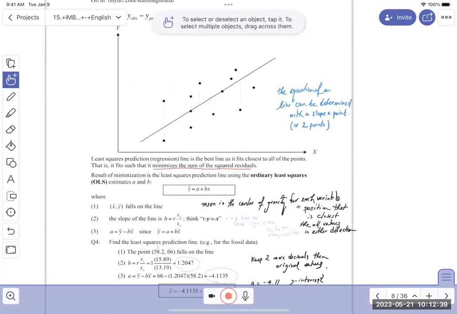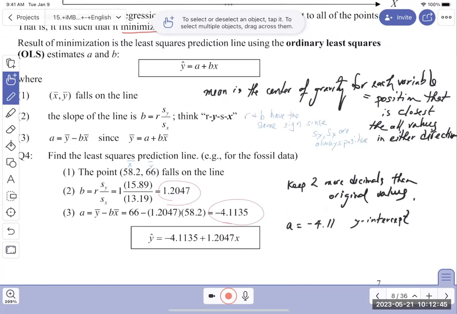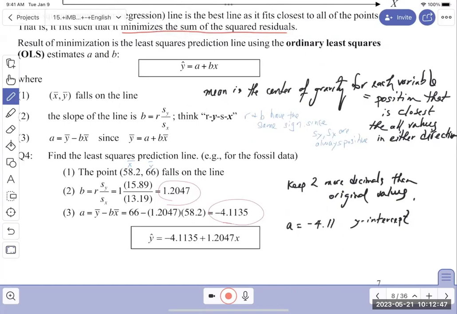The data starts close to 40. So when I interpret this mathematically, like in high school, I would say when x is 0, y is -4.11.